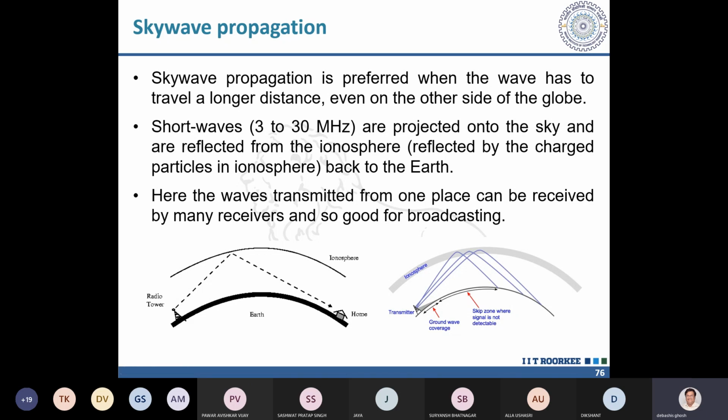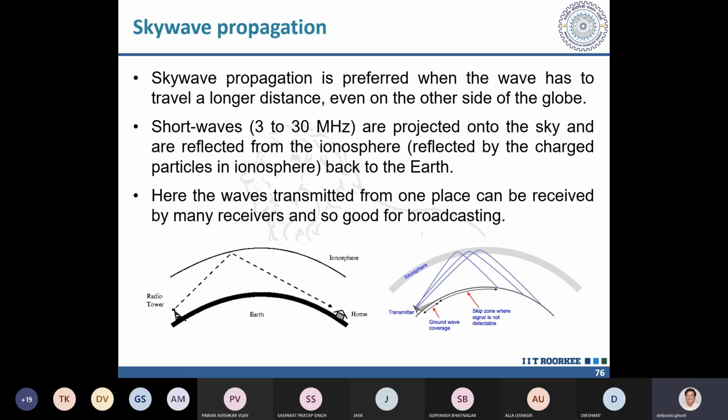Since it gets reflected like this, the signal from one transmitter can cover a large area of the earth, so it is very good for broadcasting.